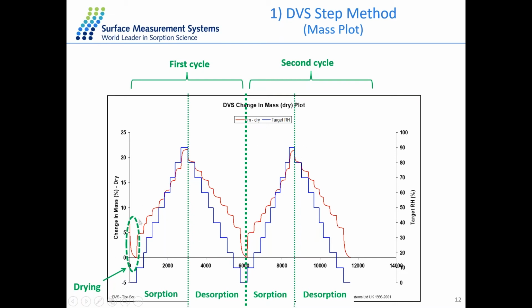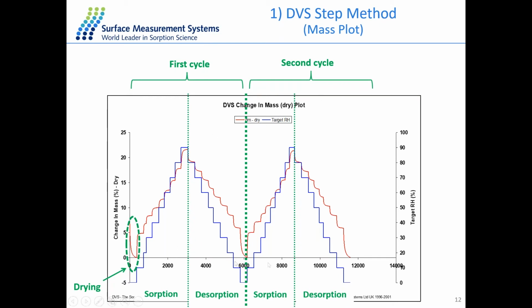And in the first step, the sample loses mass, because the flow of the carrier gas over the sample starts the drying behavior of the sample, removing the freely bound water on the surface of the material.